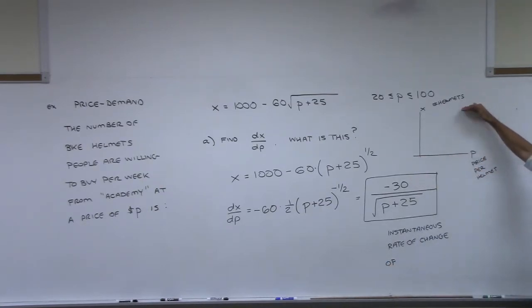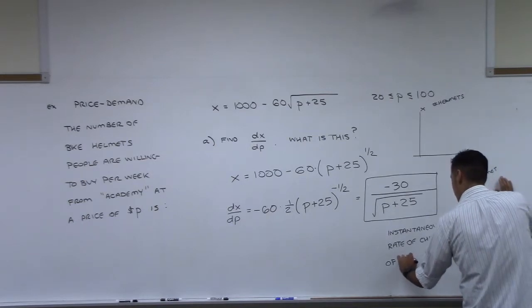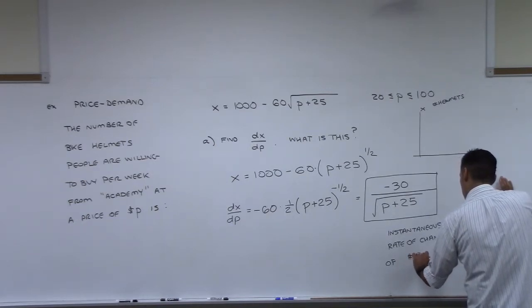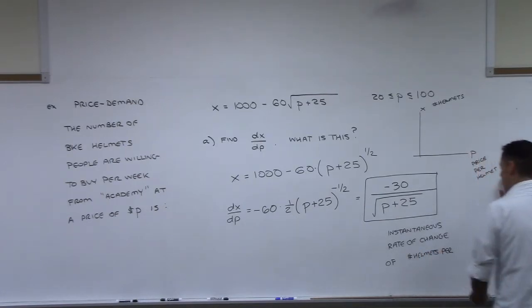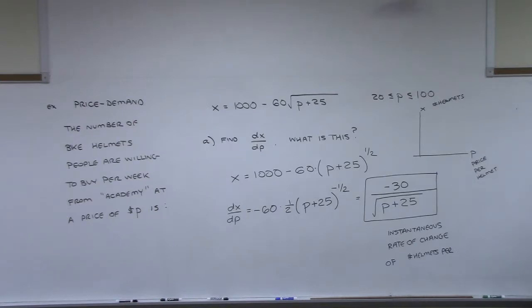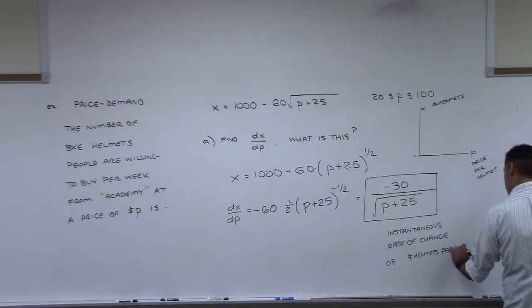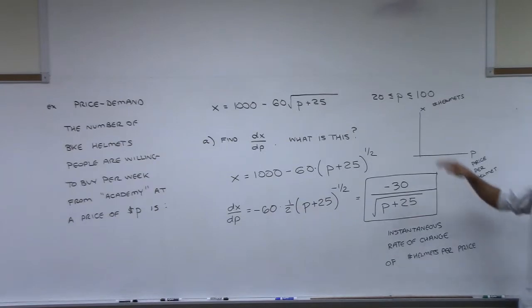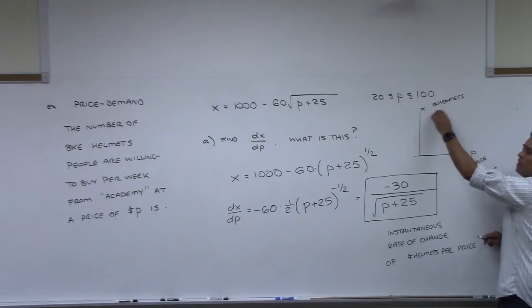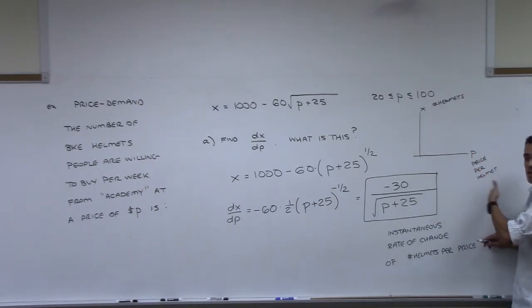In this case, number of helmets per what? Per price, which is weird, but that's what it is. Per price. So what I'm getting at is that if you understand what x is and you understand what this is, then the derivative will always be this over this. This divided by this. It's a rate. It will be the rate at which the number of helmets is changing as the price changes.